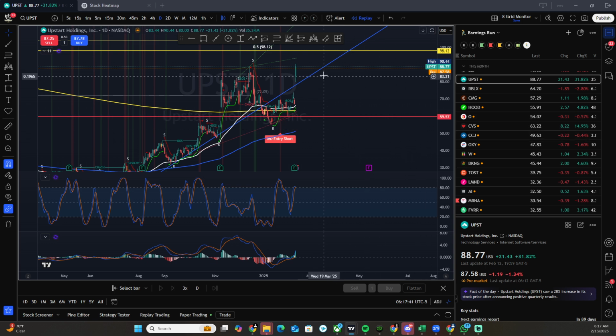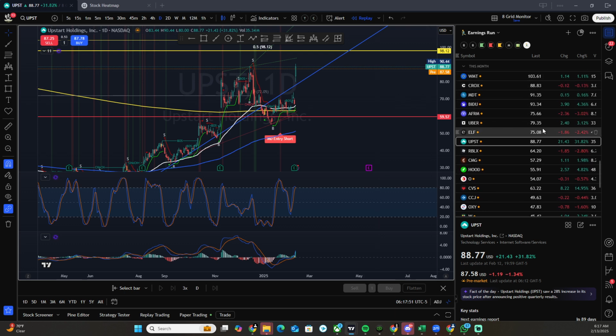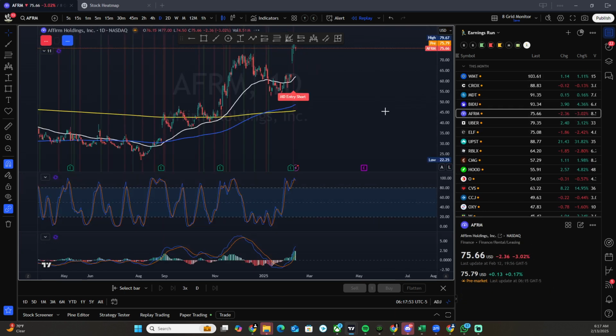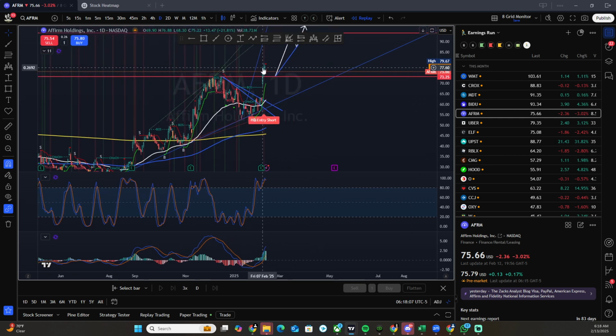Now, I am mad because I did say I was going to get into Affirm and Upstart, but this earnings cycle I felt a little shaky on it, and I pulled back from doing one of my more nutty or crazier trades. Here's Affirm to give you an example. Had this angle, and I felt like they were consolidating around this 55, and then this thing just bolted.